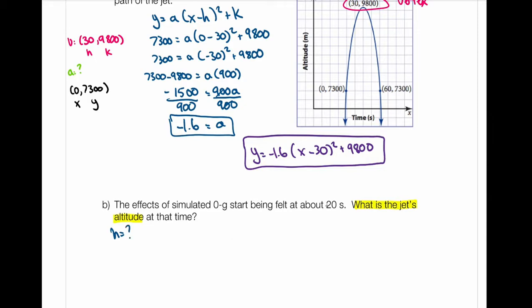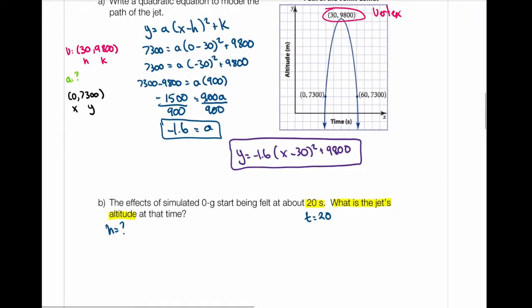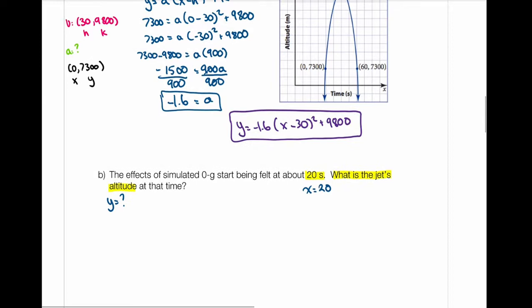And we're also given the time, 20 seconds. So we're being told that t equals 20. Or in our scenario, x equals 20. Because again, the equations that we've used are x and y. So altitude, we're looking for y equals unknown, and we're told that x equals 20.